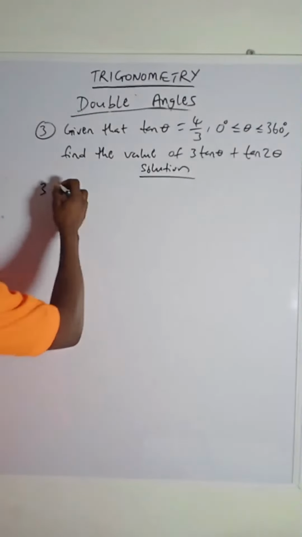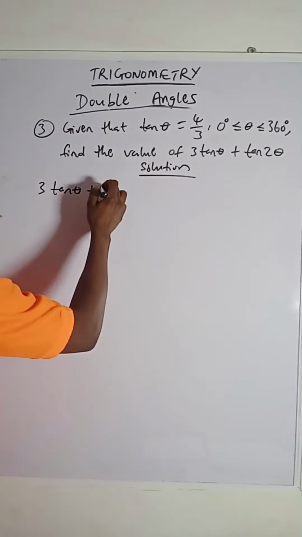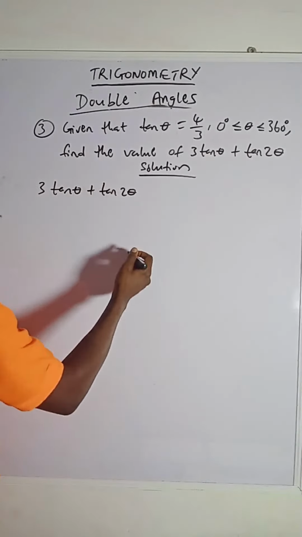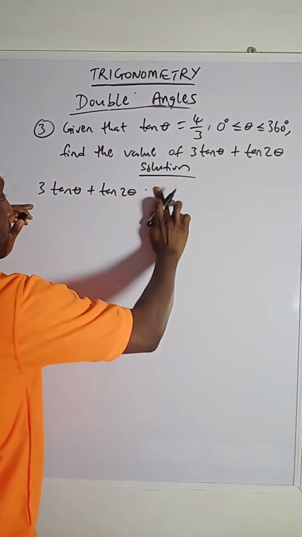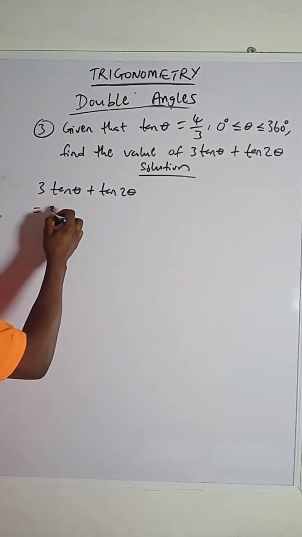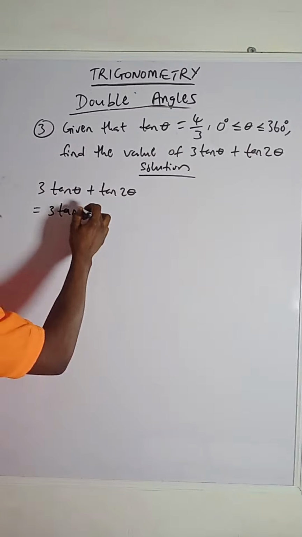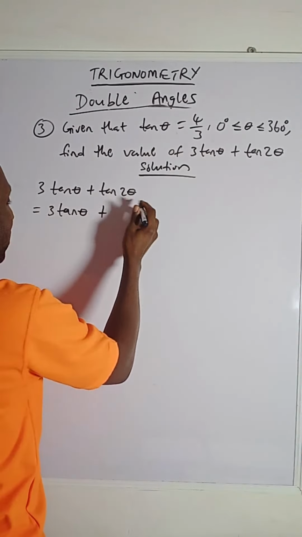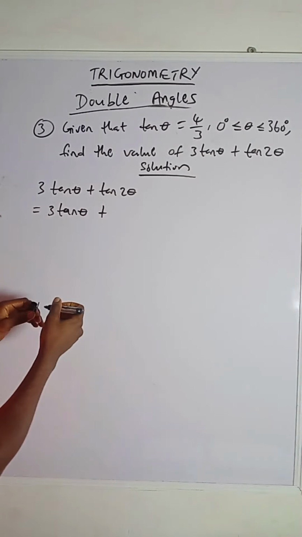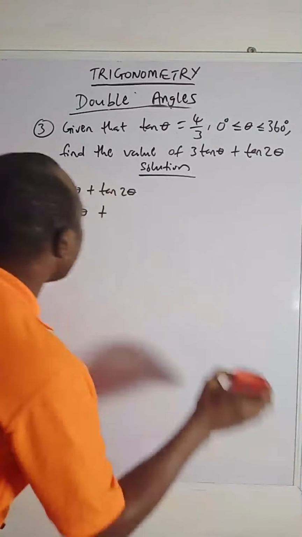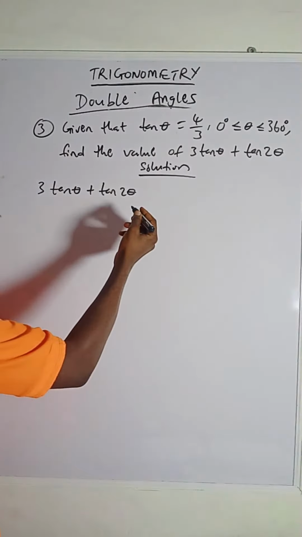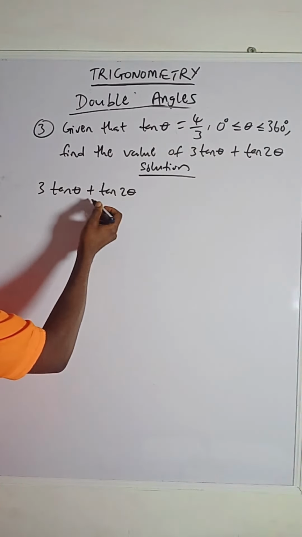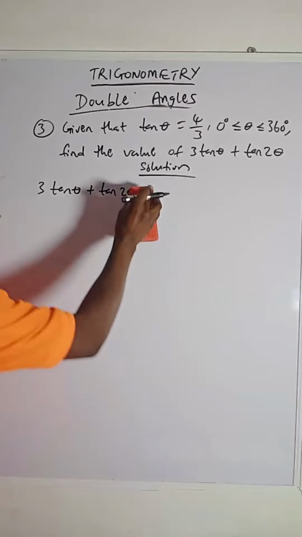So let's write it here. 3 tan theta plus tan 2 theta will be equal to 3 tan theta plus tan 2 theta. Let's try to get tan 2 theta first.